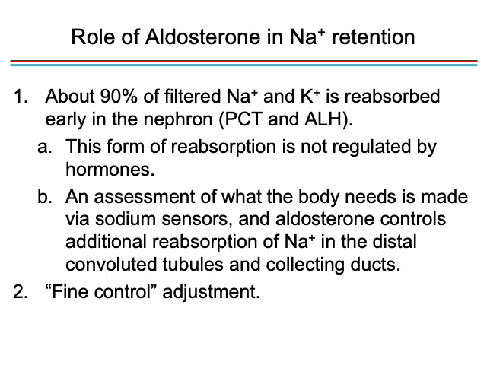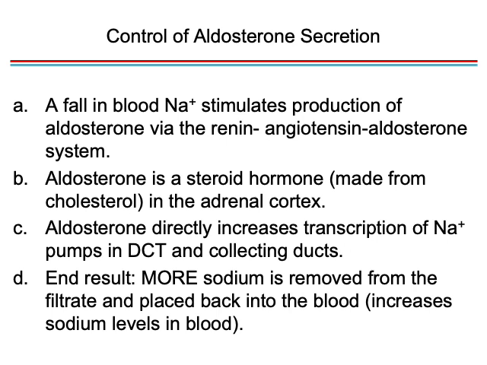So what role does aldosterone play? Well, kind of fine-tuning to ensure that the blood has a consistent sodium level. So again, the fall of blood sodium levels activates aldosterone.